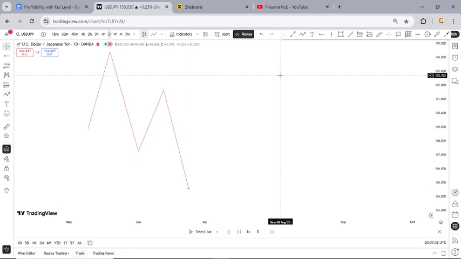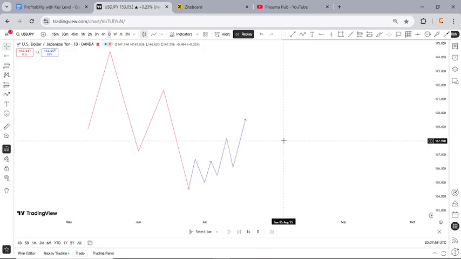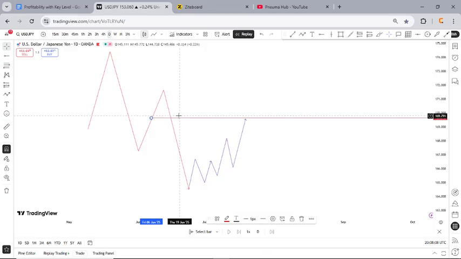Now you have a daily doing like this, or you have H4 doing like this. Be rest assured, understand this logic, that this can be a reversal for the sell to continue on a weekly time frame.